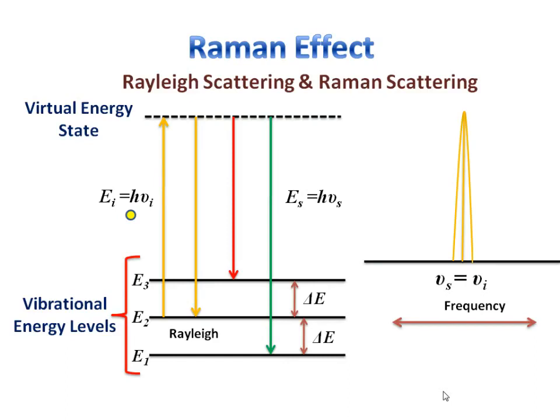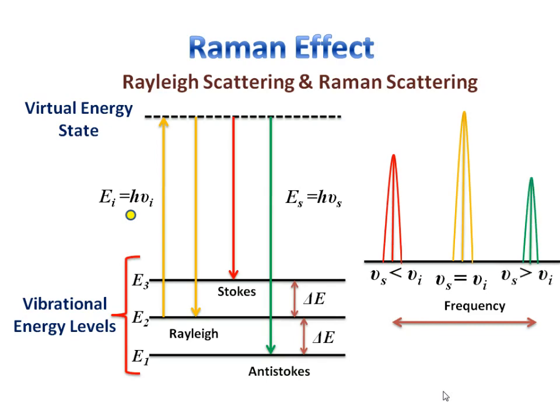Depending upon the final vibrational energy level of the molecule, Raman scattering can be separated into Stokes lines and anti-Stokes lines. If the frequency of the scattered or emitted photon is less than the frequency of the incident photon, then it gives rise to Stokes lines in the Raman spectrum.